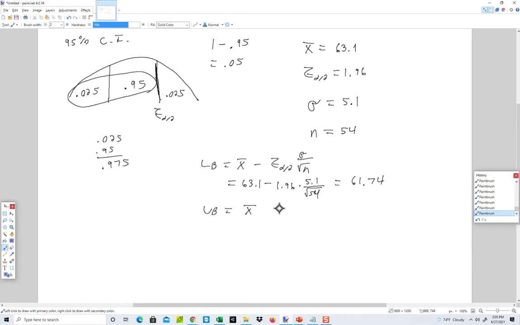Now for upper bound, we're going to have x bar plus z alpha divided by 2 times sigma divided by square root of n. So I'm going to have 63.1 plus 1.96 times 5.1 divided by the square root of 54.